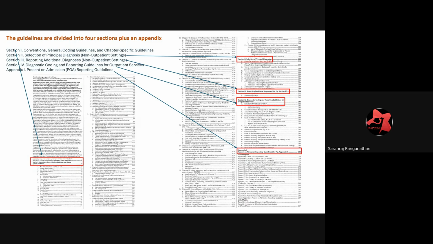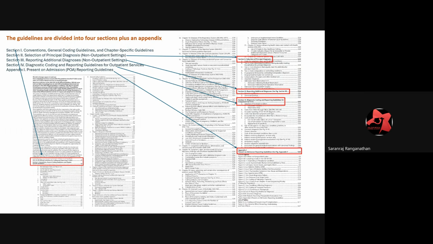ICD alone has 1,100 pages. CPT alone has 1,000 pages. PCS alone has 1,000 plus pages. In that situation, if you keep on rotating, our time is wasted, right? So how can I manage the time? If I know where and what is present, automatically I'll be able to do it.